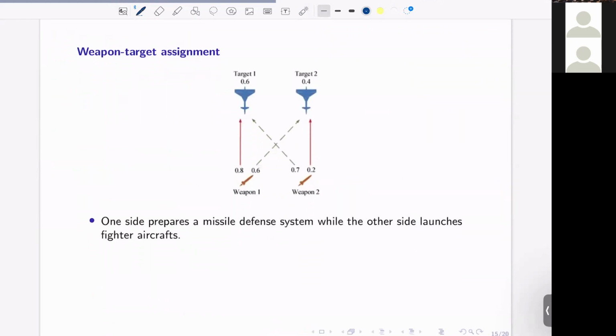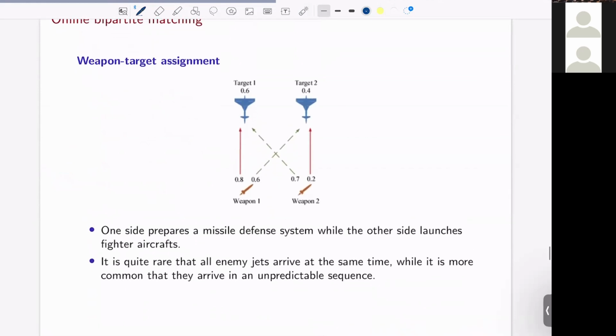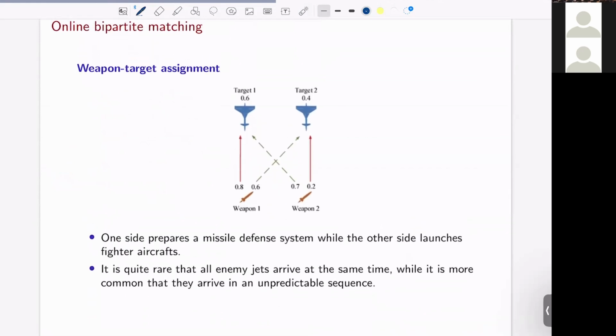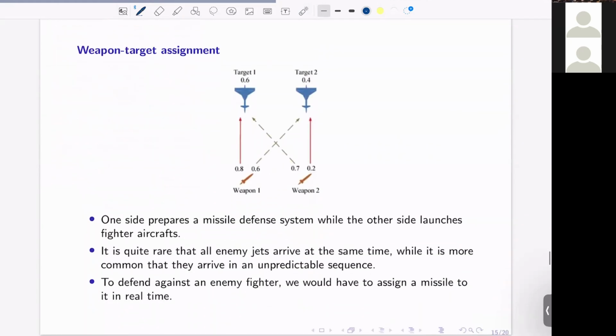So there are potentially difficult scenarios here. One side prepares a missile defense system, and the other side launches aircraft, and it's not like all enemies arrive at the same time. They may arrive in an unpredictable sequence. You cannot predict what's coming up next. When an enemy aircraft comes up, we need to make the decision in real time.